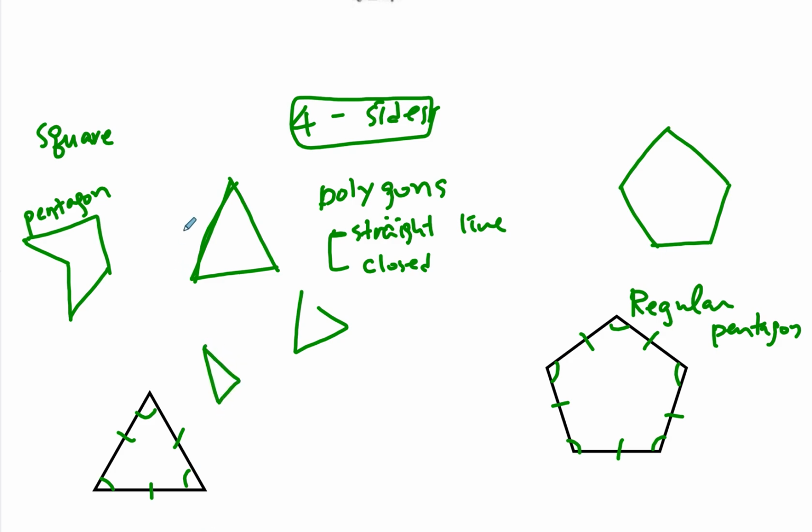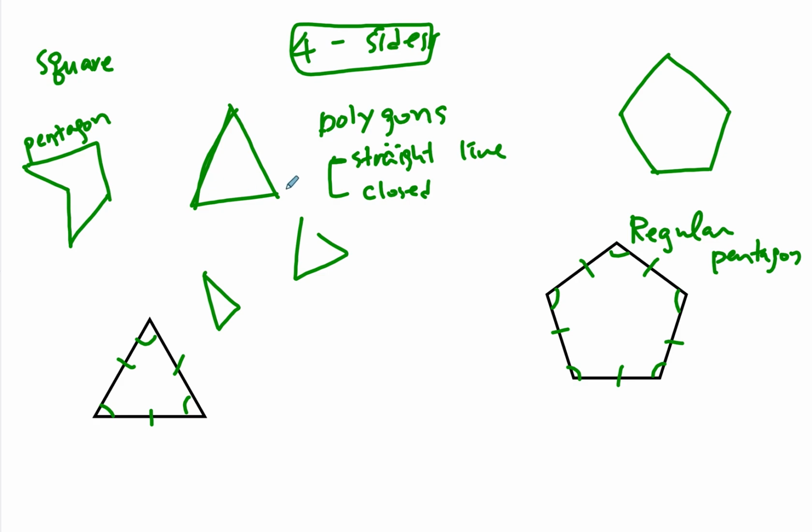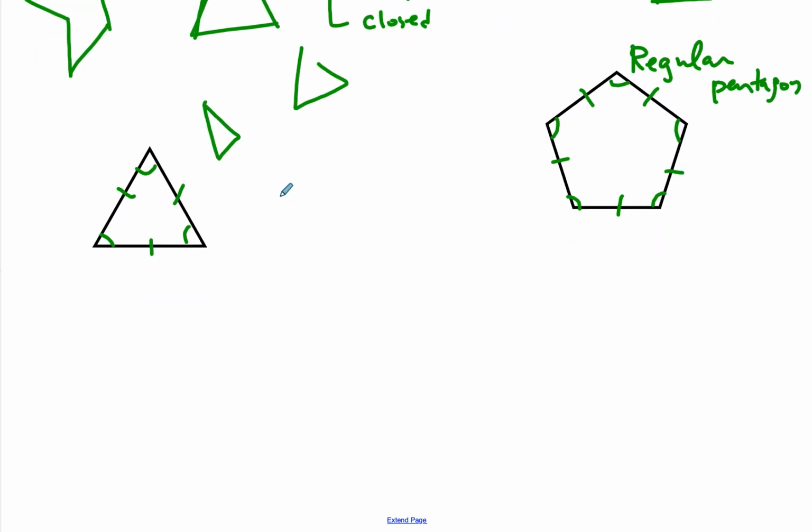So all of these shapes, if it is straight lines and if it's closed, we call them polygons. You can have 3 sides, 4 sides, 5 sides, and so on and so on. All of those are polygons, and especially when you have a 4-sided shape, we call them quadrilateral.